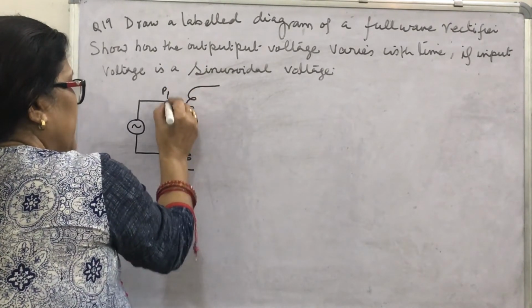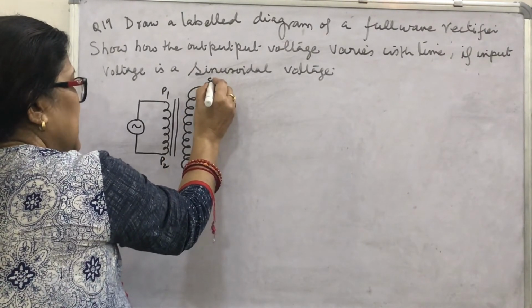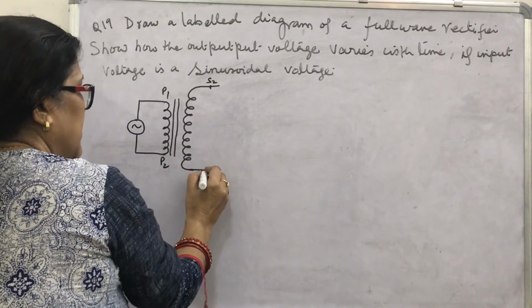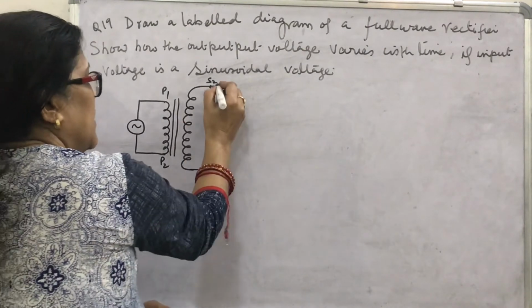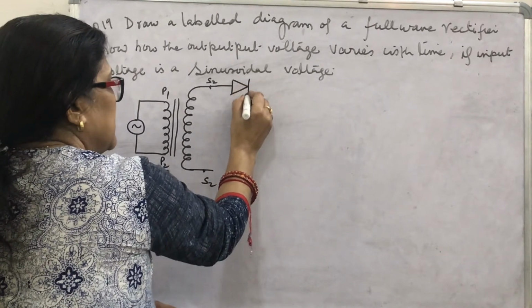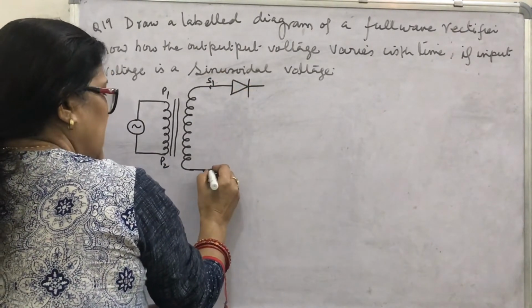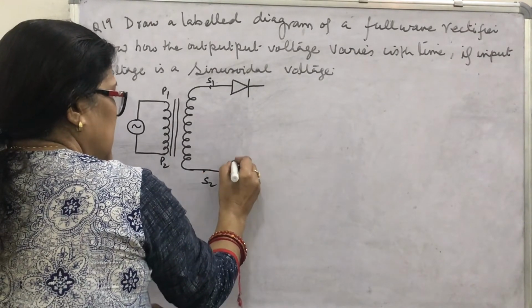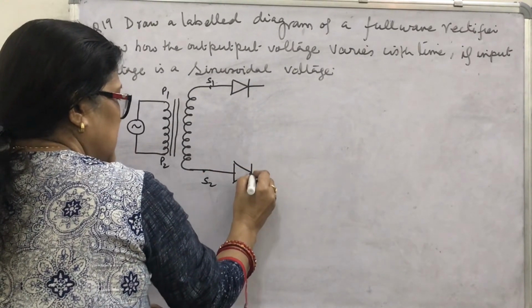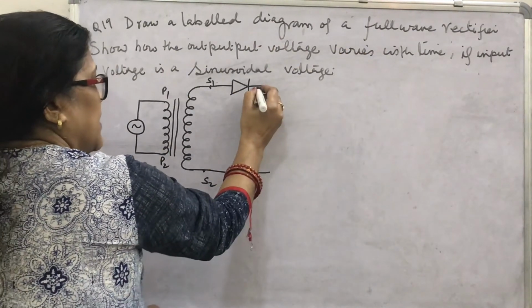This is the P1 P2 coil, the primary coil of the transformer, and this is S1 S2, the secondary coil of the transformer. One PN junction is attached to S1 here, and at the other end S2 the other PN junction is attached. So we take two junction diodes for a full wave rectifier.